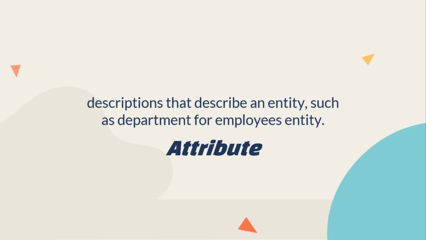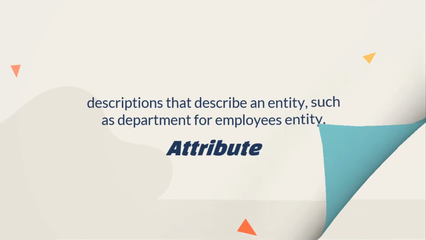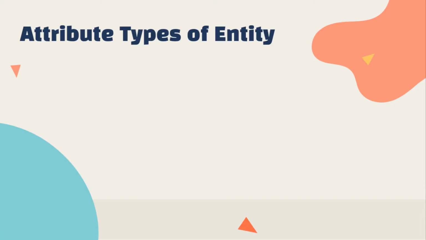Next, we will discuss the second ERD component called attribute. Attributes are descriptions that describe an entity in more detail, such as department for employee entity. Entity has a couple of attribute types. First is simple attribute.